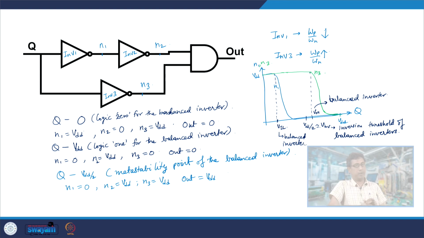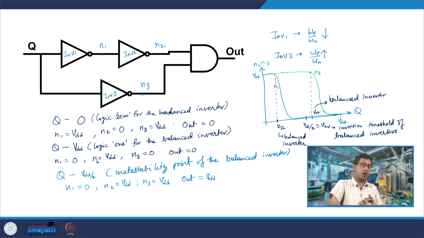Whenever there is metastability and Q has not resolved to either logic 0 or 1, this would result in the error signal, error underscore L, being VDD.